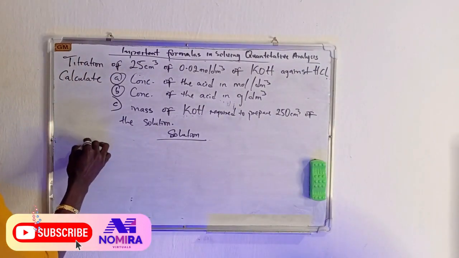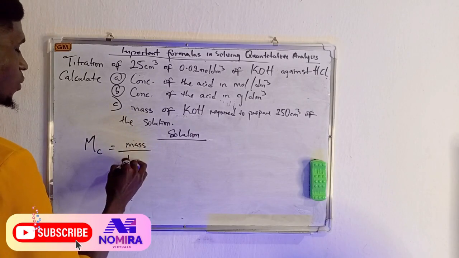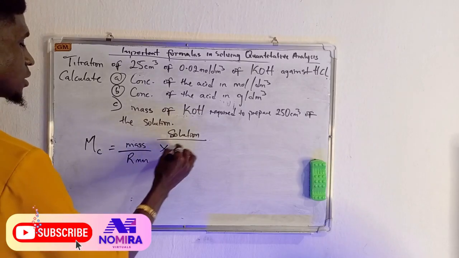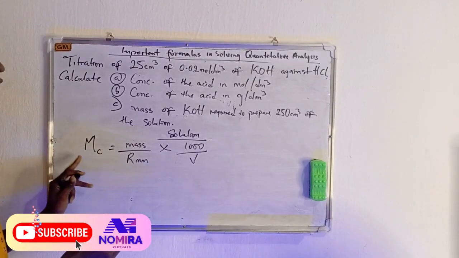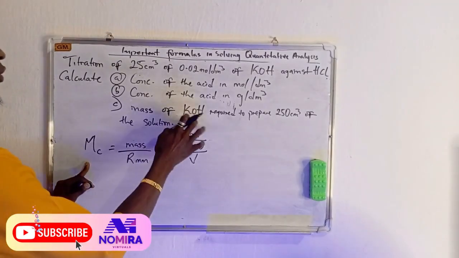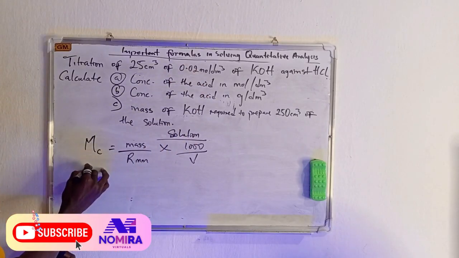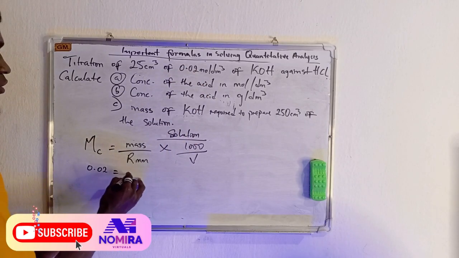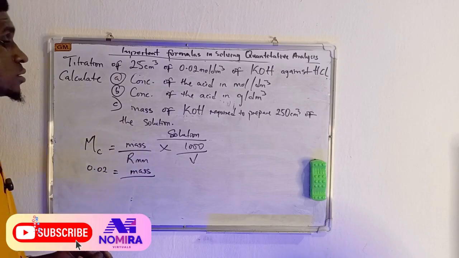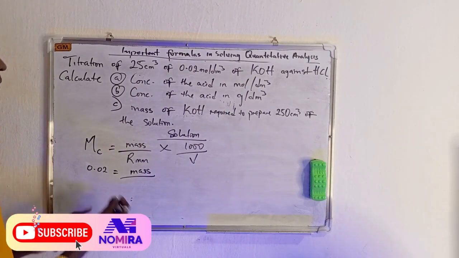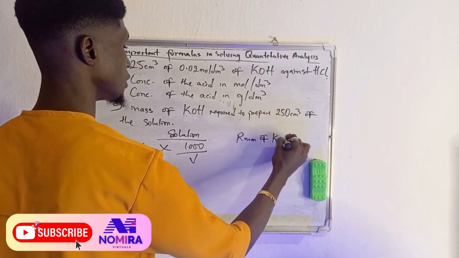That will give us molarity, or molar concentration, is equal to mass over molar mass times 1000 over volume, right? So what is the molar concentration of potassium hydroxide? From the question we have it as 0.02 equal to, this is the mass we are looking for, over the molar mass of potassium hydroxide.